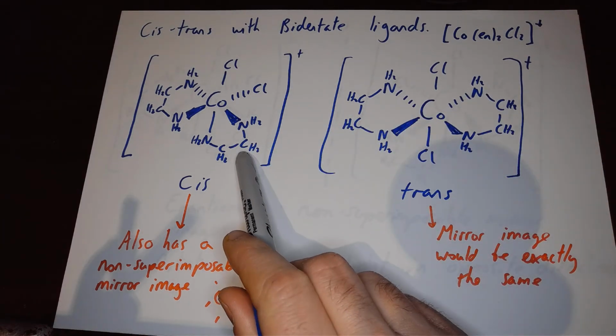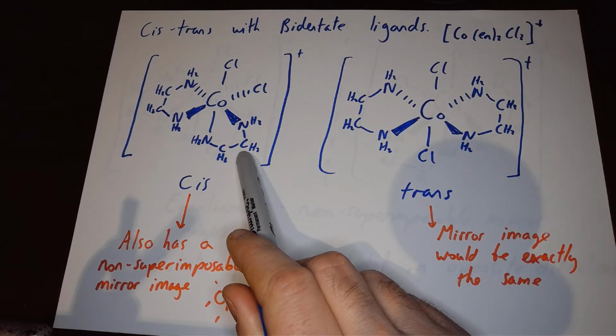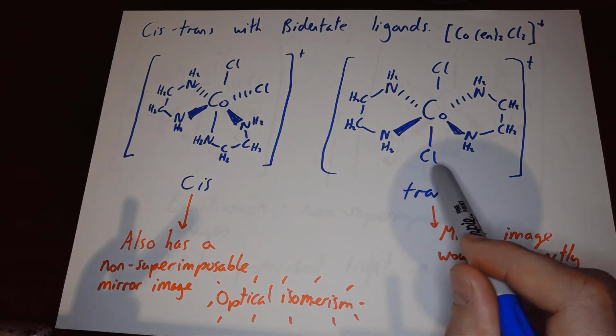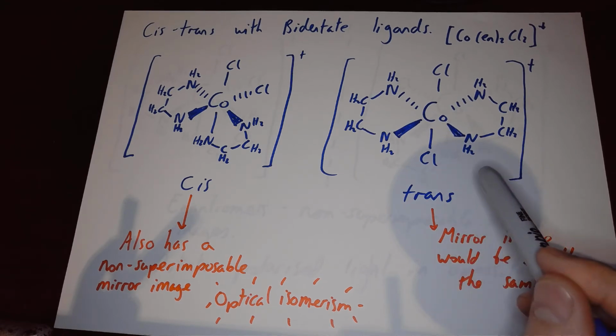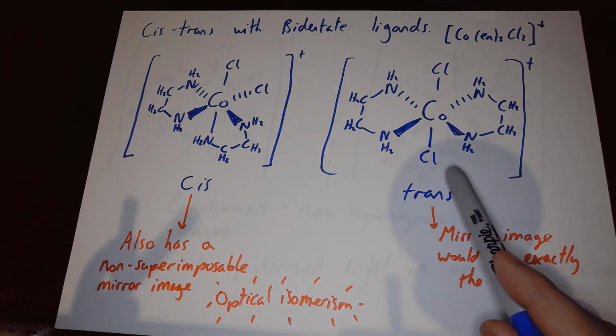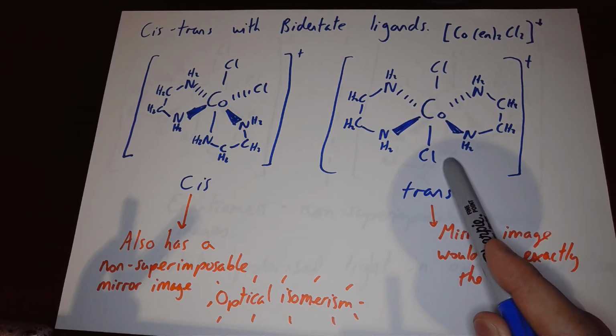If you took the mirror image of this one, it's non-superimposable, and that's what we know as optical isomerism. However, the mirror image of this one is exactly the same molecule, and it is superimposable on itself. So this one does not show optical isomerism.